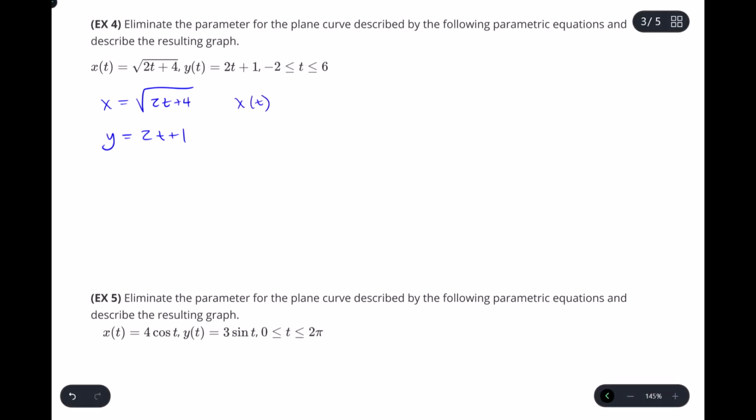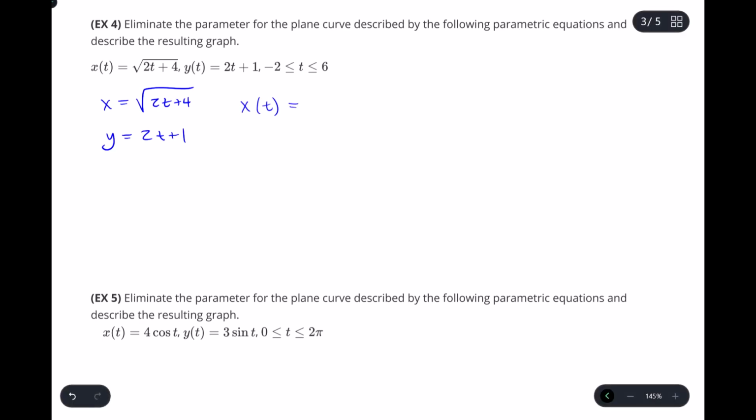I'm not writing x of t, I'm just writing x. It's perfectly okay. Just because a variable doesn't have the set of input variables doesn't mean it's not a function. It's all about how we define it.